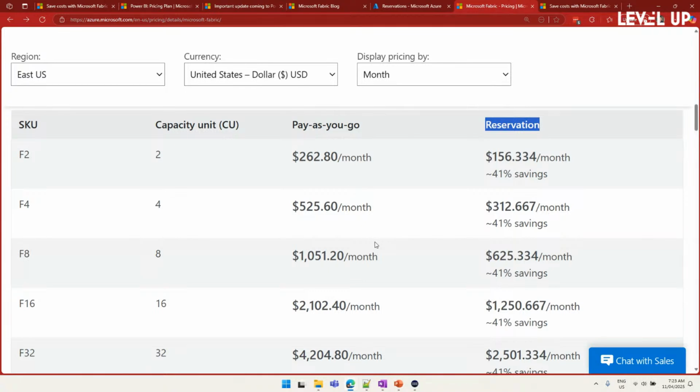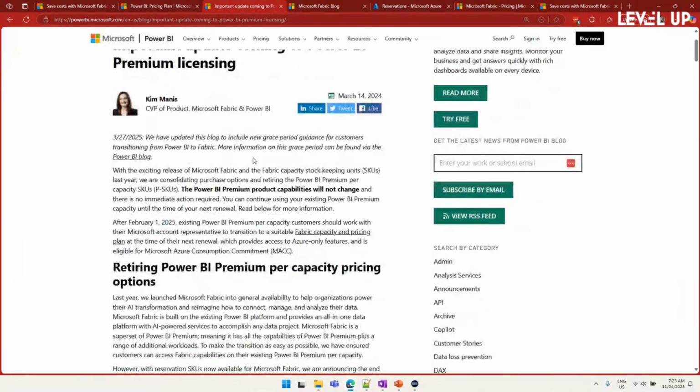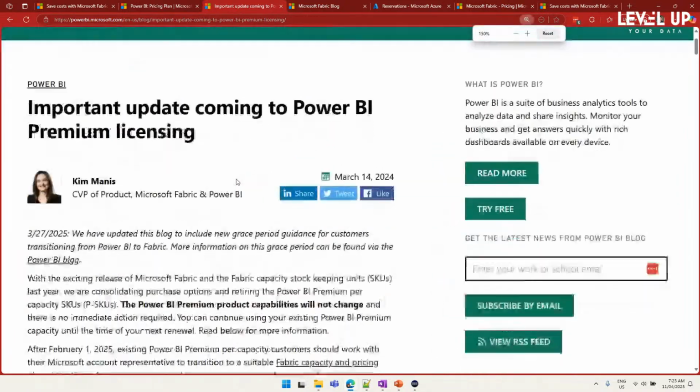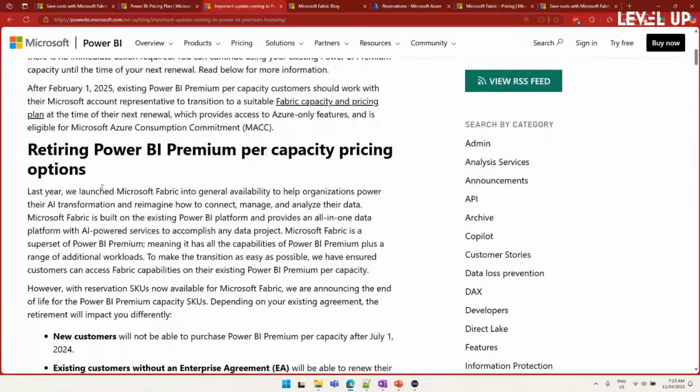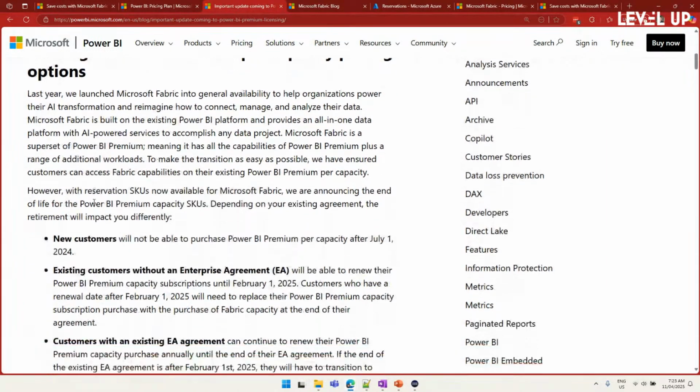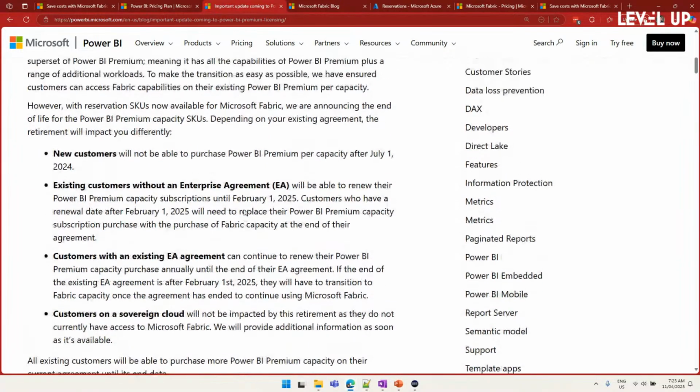This is licensing at a high level. Recently, last week, as part of the Microsoft Fabric conference, there is something else you have to take into account: they are retiring the Power BI Premium option. What this essentially means is that you have to move eventually to a Fabric capacity.